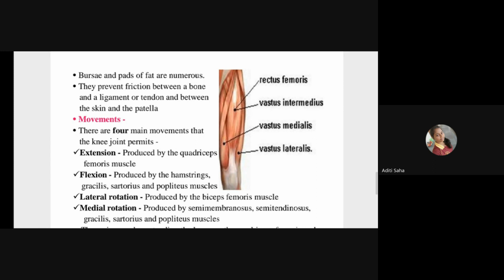Yes, madam. Okay. Now, what are the movements of the knee? There are four main movements that the knee joint permits. We have already discussed this; we'll go through it just once. First is extension, produced by the quadriceps femoris muscle. What is extension? We discussed it yesterday. Any one of you, please tell.